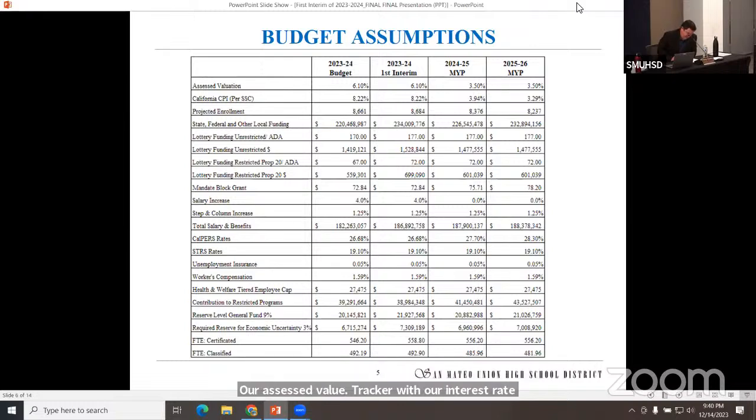A couple other items to note. I noted the PERS and STRS rate. STRS remaining plateaued at 19.1%, although the STRS board does have the authority to increase that by 1%, and the PERS rate continuing to increase, although it is slowing a little bit from some of the last couple of years, at least in the projection.